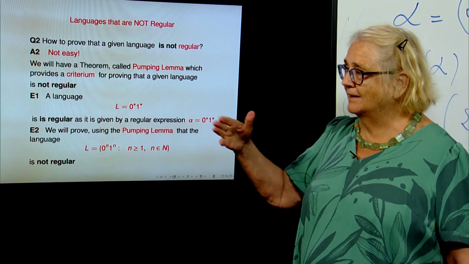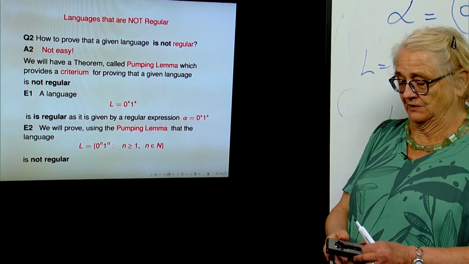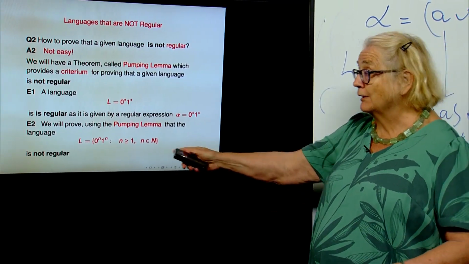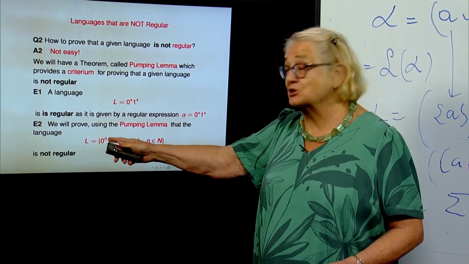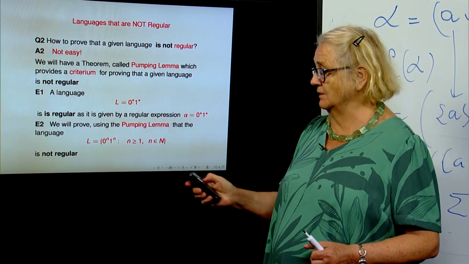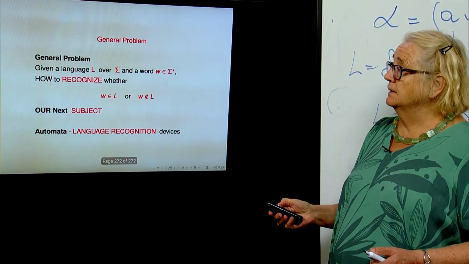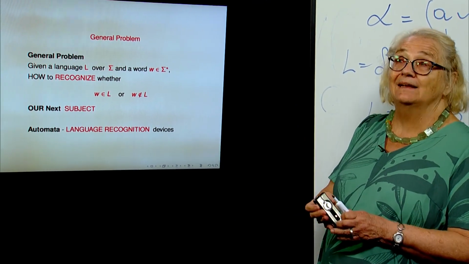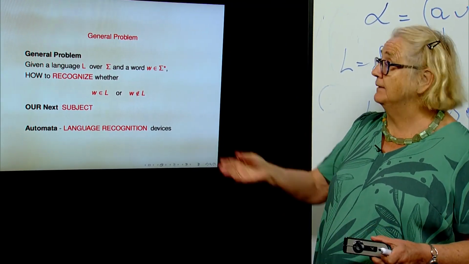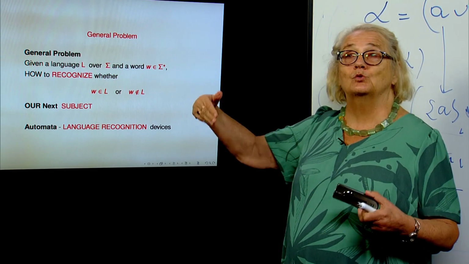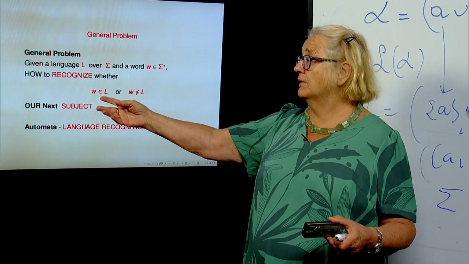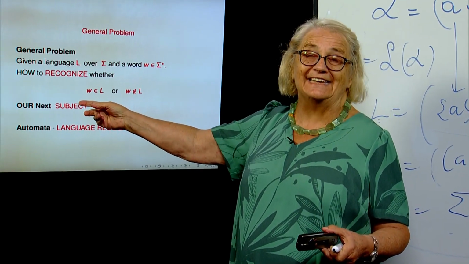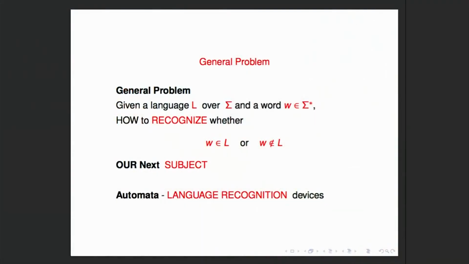It's not regular. It looks like a regular expression, but it isn't. So the general problem is, given a language L over sigma and a word, how to recognize whether the word is in the language or not.